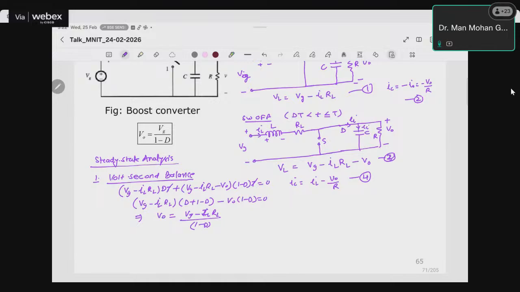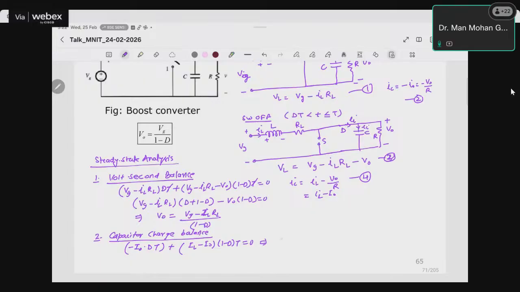But here the output voltage is in terms of IL. So we need to find the IL. That is possible when we do capacitor charge balance. So capacitor charge balance will be when I minus I naught, or you can say V naught upon R, into dT plus IL minus I naught into (1 minus d)T will be equal to 0.